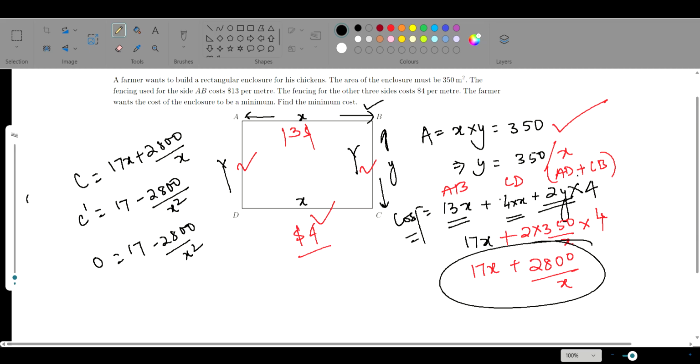Minimum is when the second derivative is greater than 0. You need to figure out the value by setting the single differentiation equal to 0.